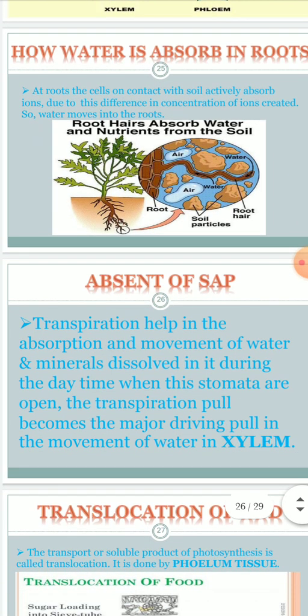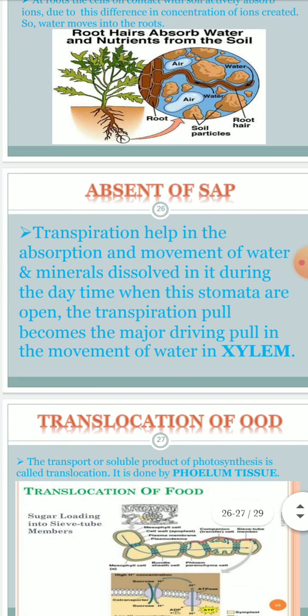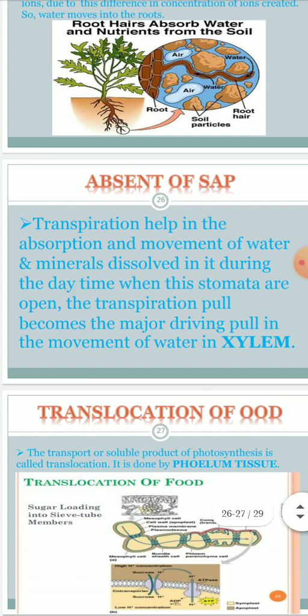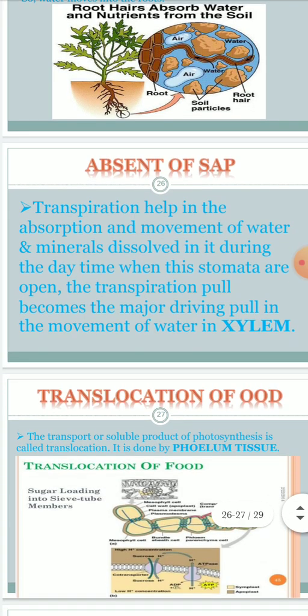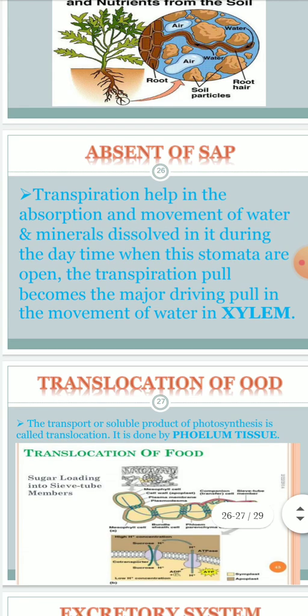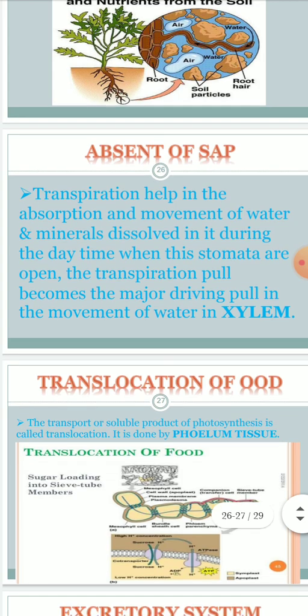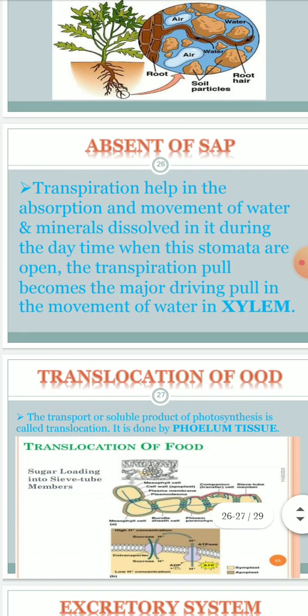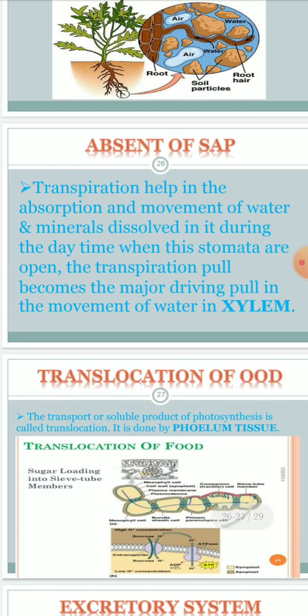Transpiration helps in the absorption and movement of water and minerals dissolved in it during the daytime. When the stomata are open, the transpiration pull becomes the major driving force in the movement of water in the xylem.